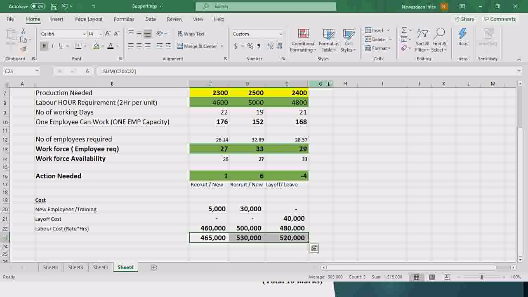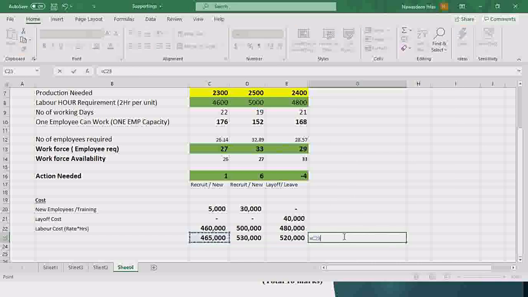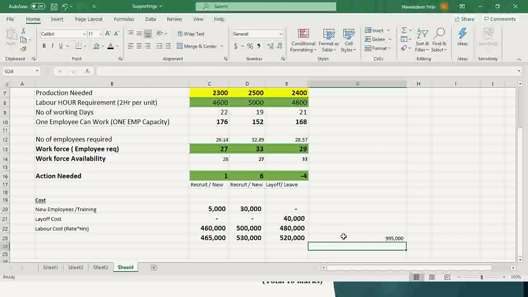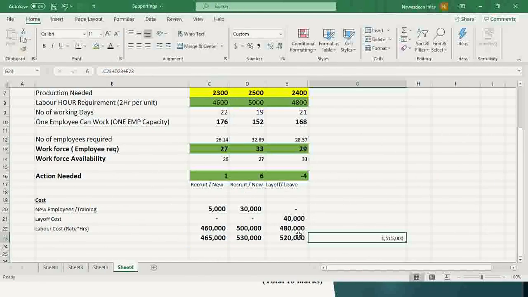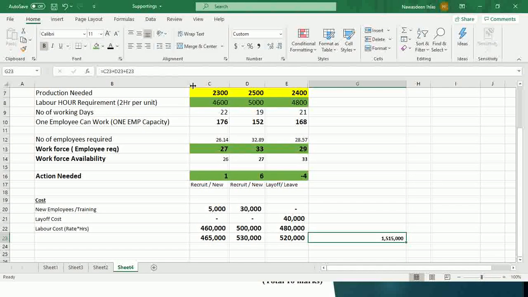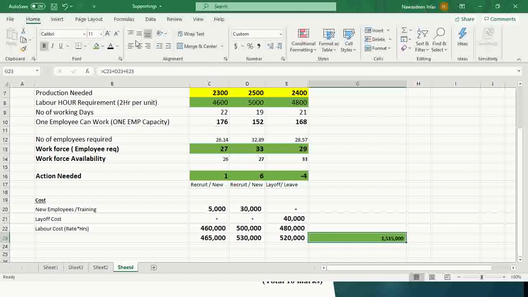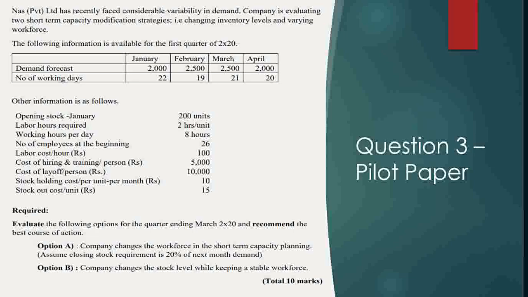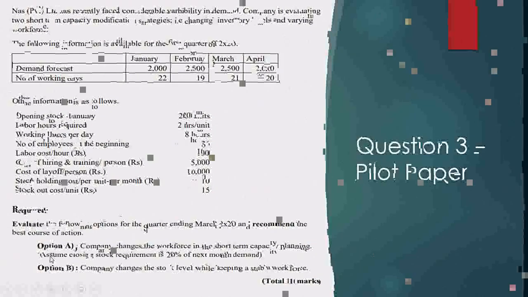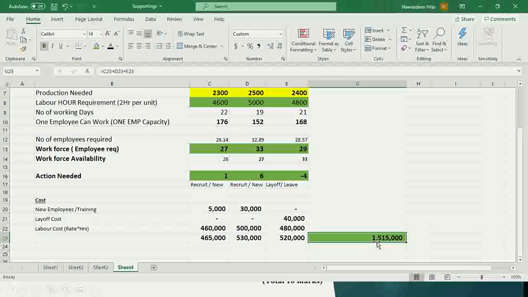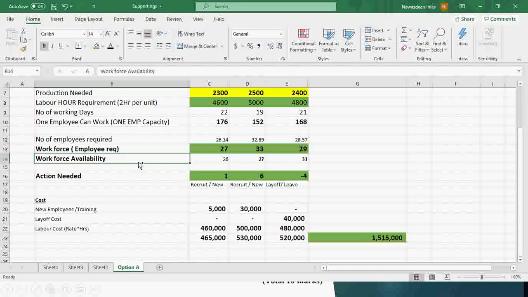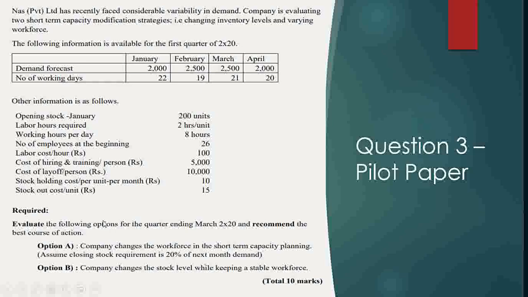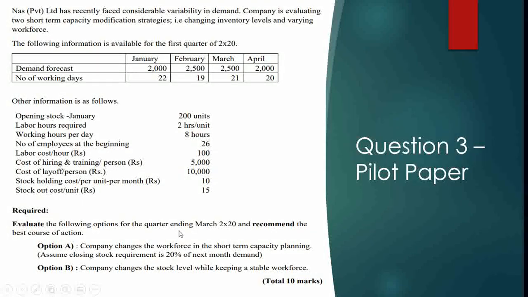So the total cost for this particular quarter will be 1,515,000. If you are following option A, our cost will be 1,515,000. Clear? Hope you all understood.